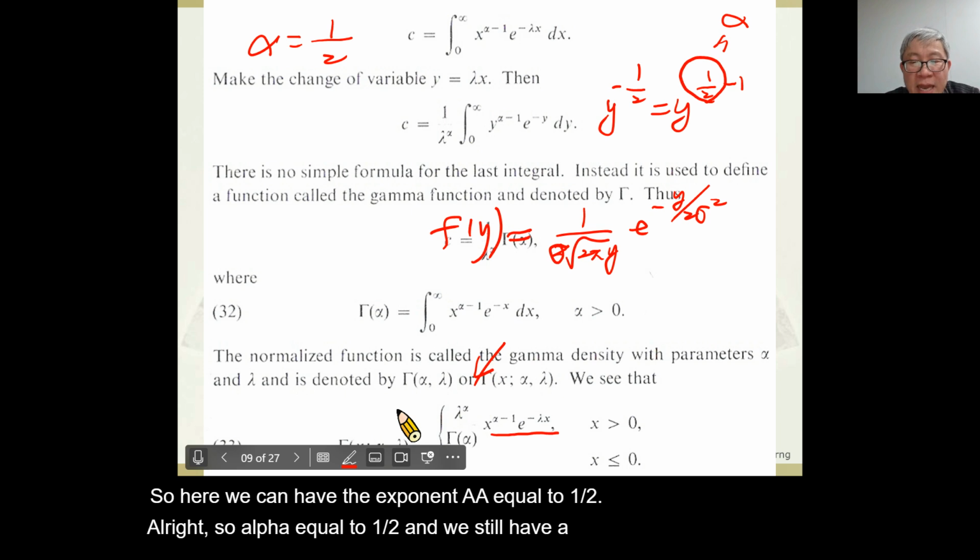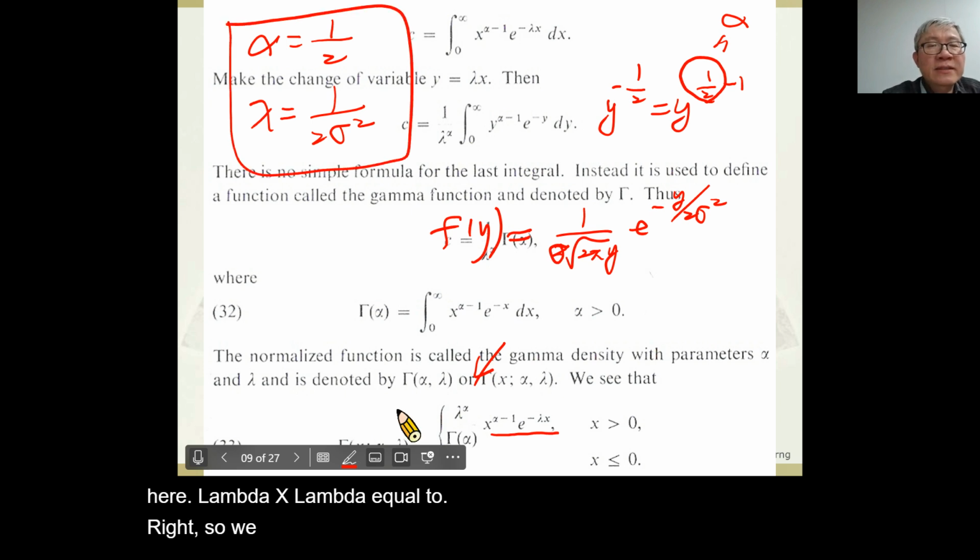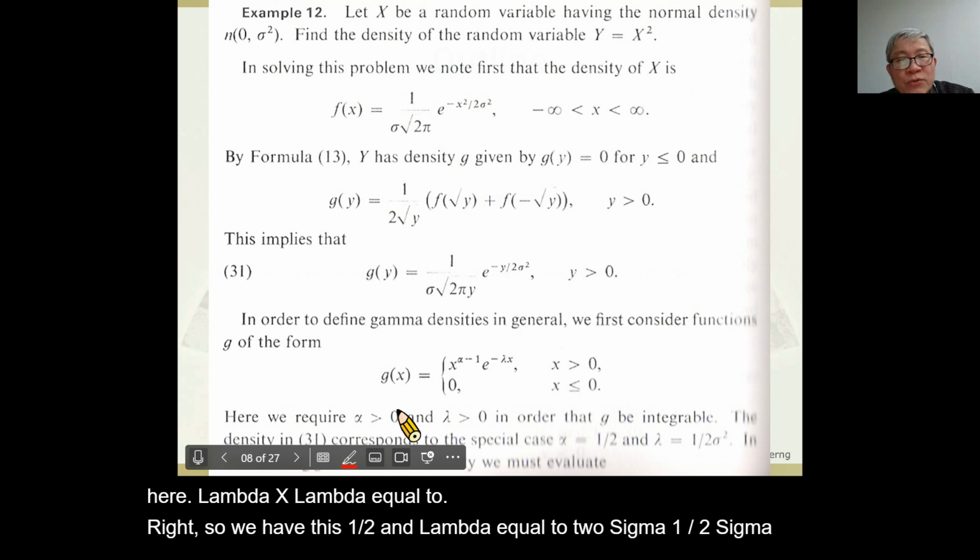And lambda x here, lambda equal to 1 over 2 sigma square. So we have this, a half, and lambda equal to 1 over 2 sigma square. So look at this.